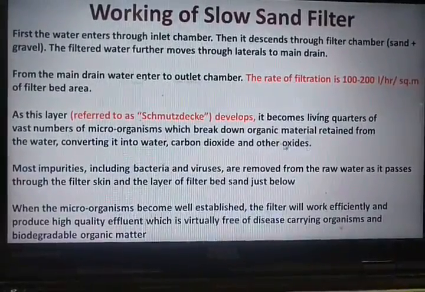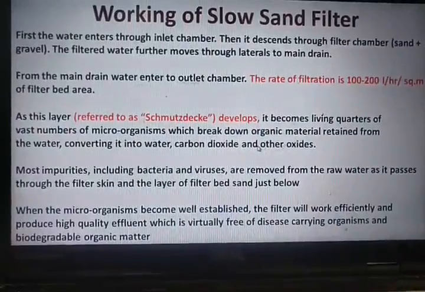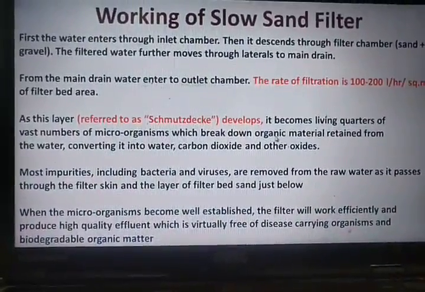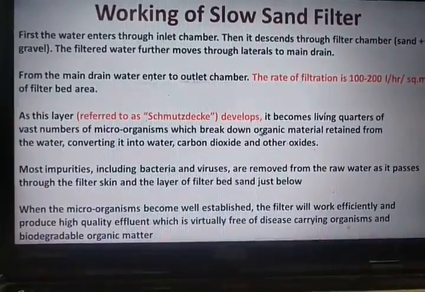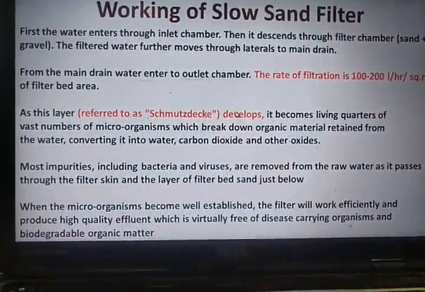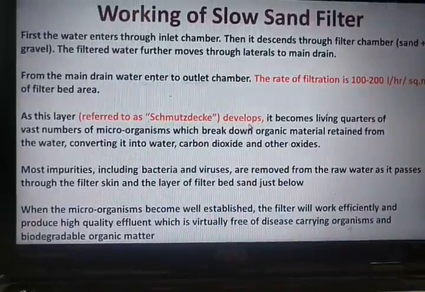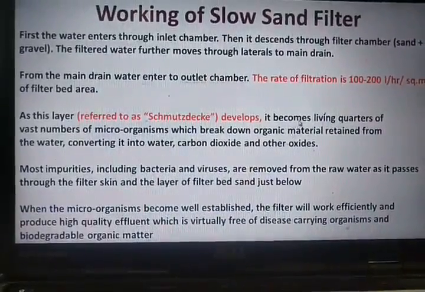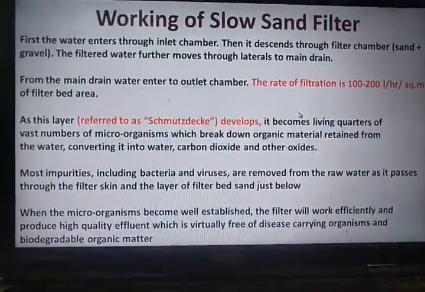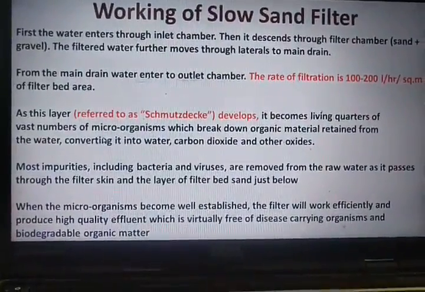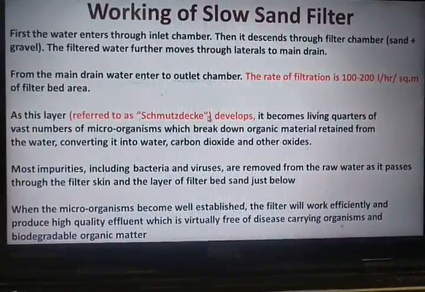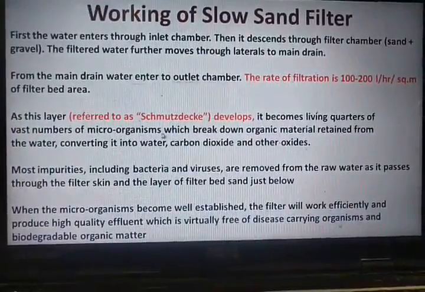That means it disintegrates the organic matter present in the water, this dirty skin layer called Schmutzdecke. It gets formed in the slow sand filter because the rate of filtration is very low, and it is a predominant feature of this slow sand filter.